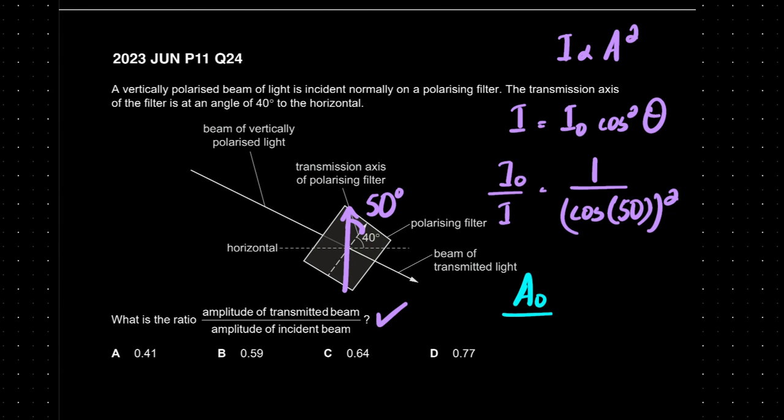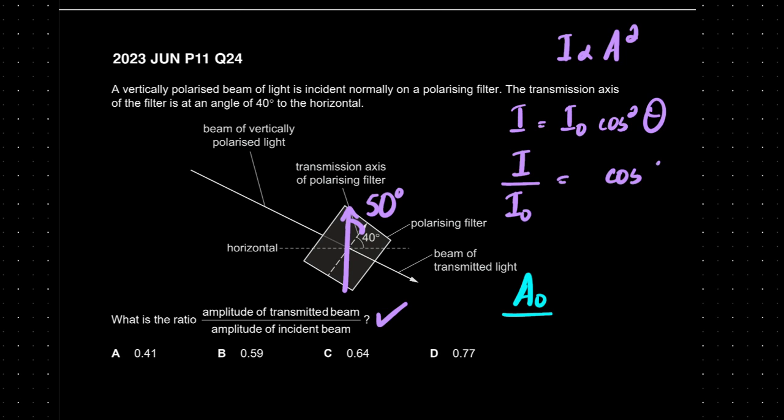Sorry, just a sec. I think I messed this up. Transmitted is I, incident is I naught. So this is I over I naught, which is cos 50 squared.